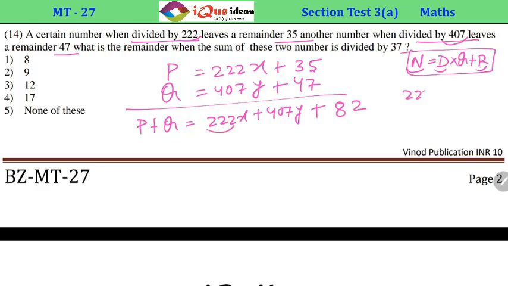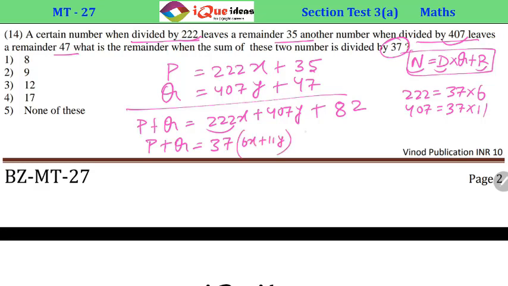This 222 is equal to 37 into 6, and similarly 407 is equal to 37 into 11. So p plus q can be written as 37 common into 6x plus 11y, plus 82. Now the question is asking to divide the sum, p plus q, by 37.